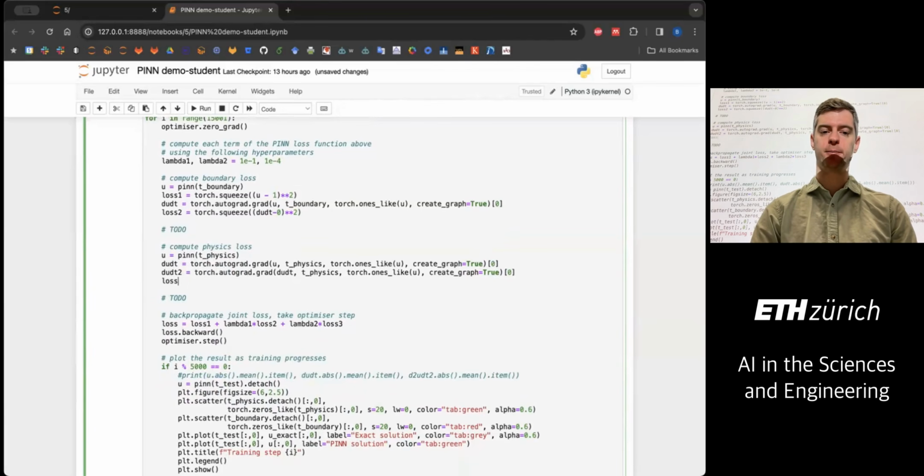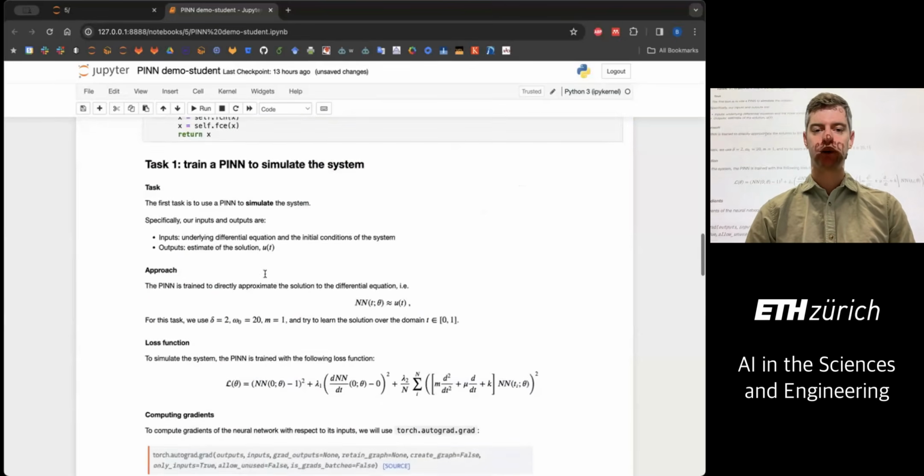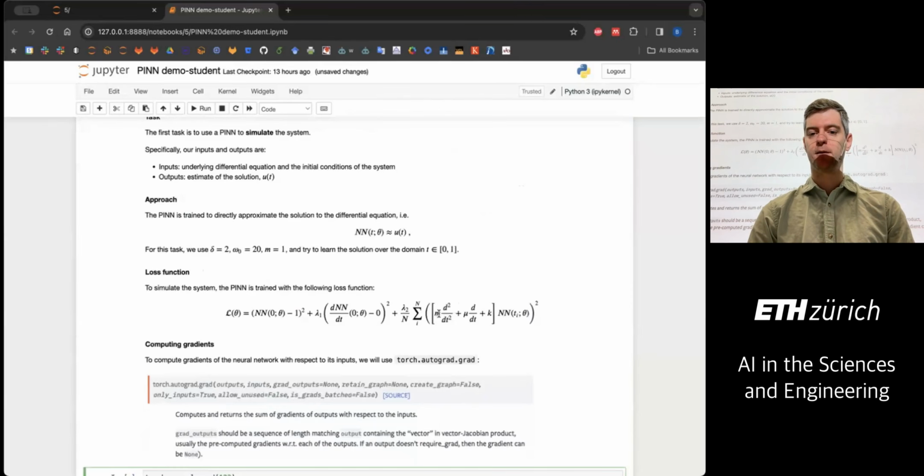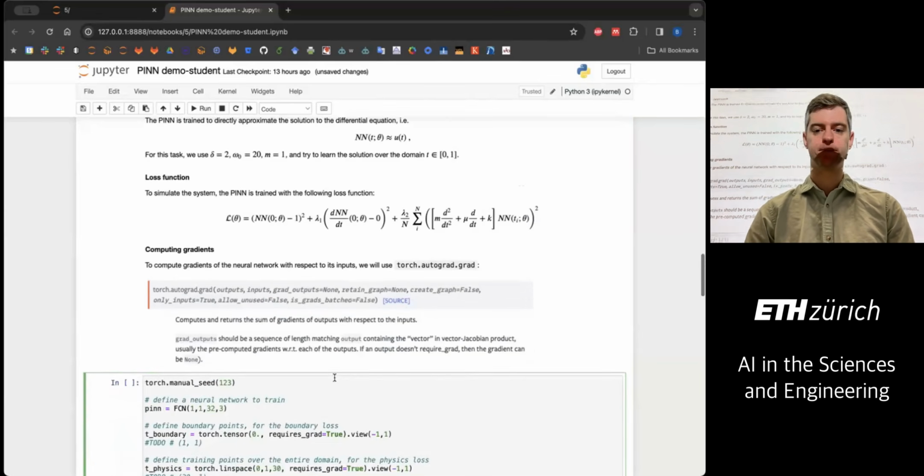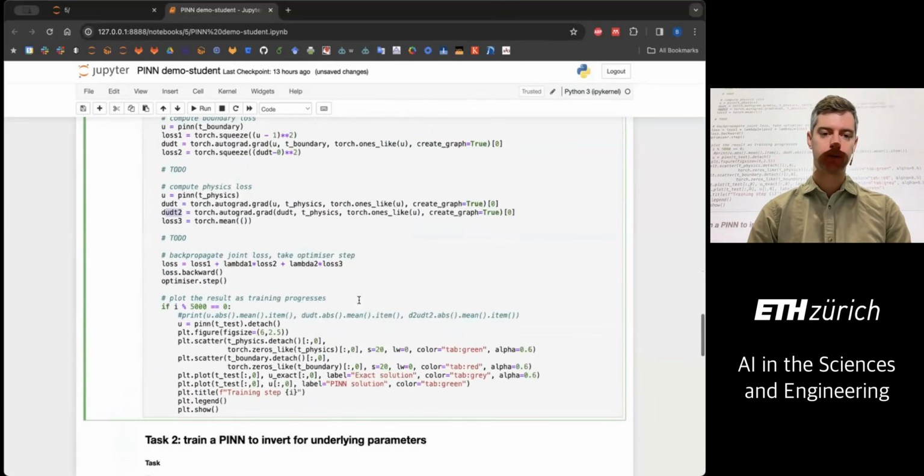And so we can just do that by doing loss 3 is the mean across all the collocation points of, and now we just type in the underlying PDE residual. So this is, let's just go back to what it looks like. It's the mass, which we're just assuming in this case is 1 to make it simple, times the second derivative plus the coefficient of friction times the first derivative plus k, evaluated on the network.